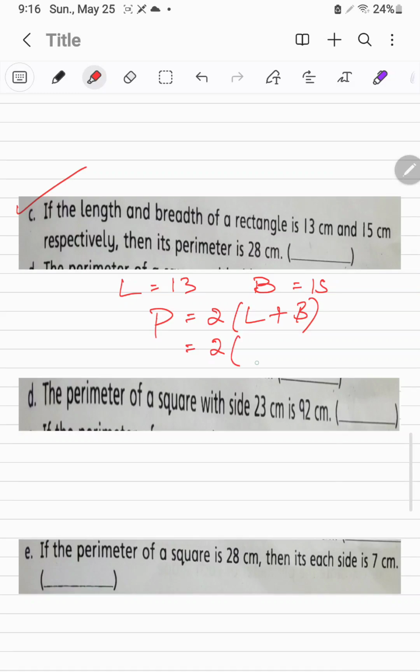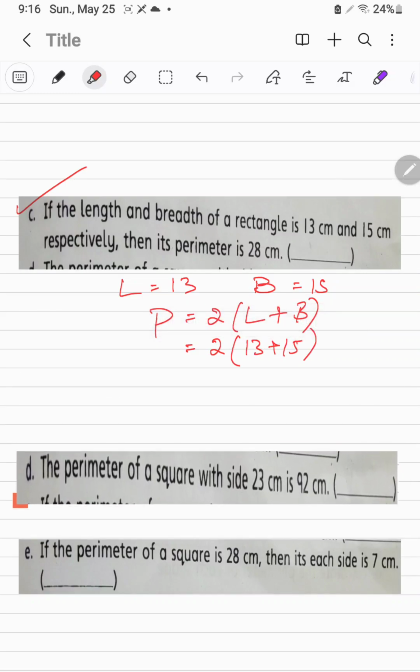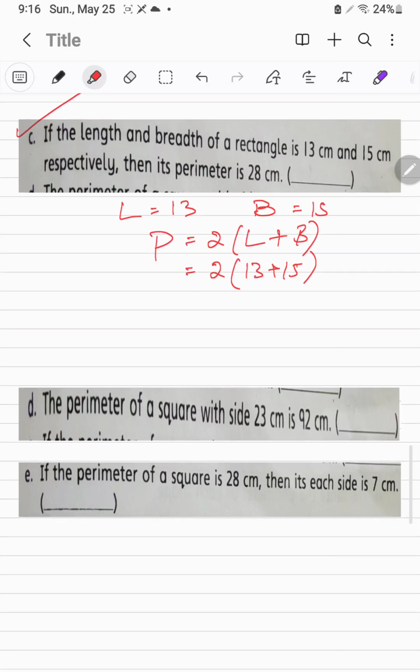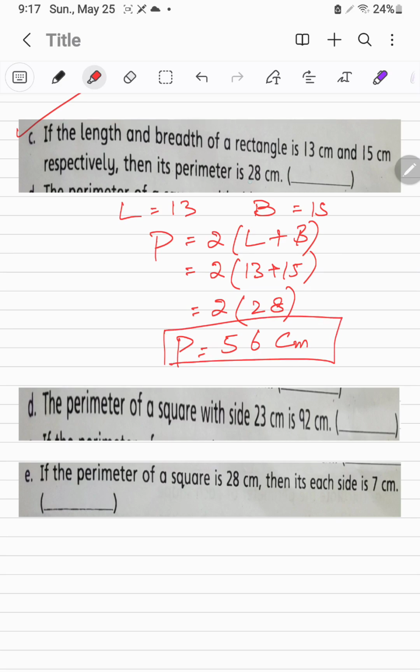It is 2 into 13 plus 15. 13 plus 15 is 28, into 2, it will be 56 centimeters, the perimeter of this rectangle. But here it is given 28, that is false. The original answer is 56.